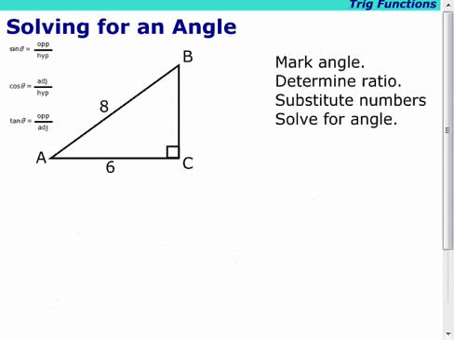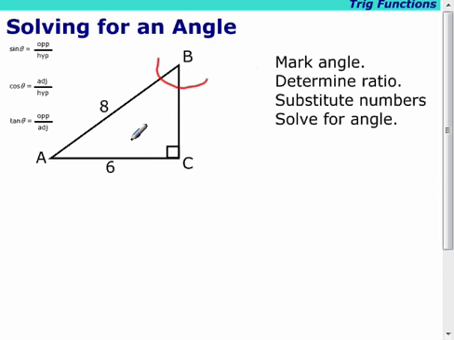Okay, so if we needed to solve for any angle in a right triangle, here are some steps that we could do. First off is to mark the angle that we want to use. So say in this question I was looking for angle B. So this is the angle that I'm looking for. I mark that angle, and then, given the information that is in the question, I determine which ratio I should use.